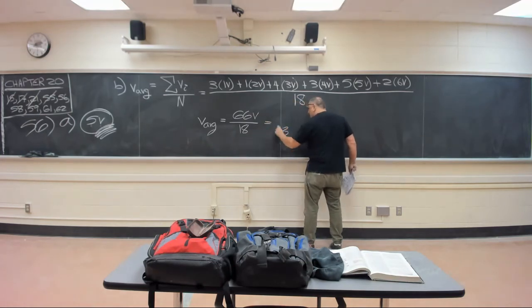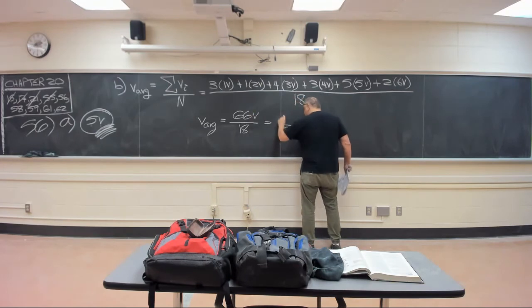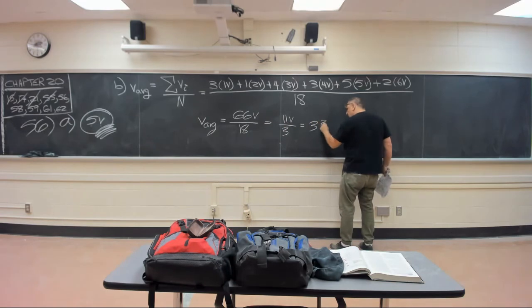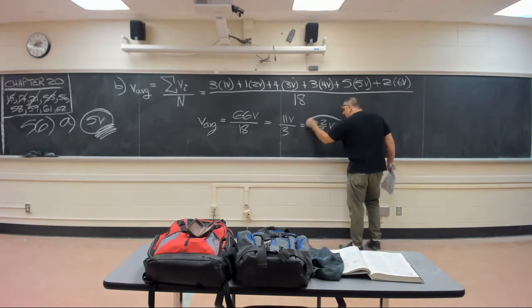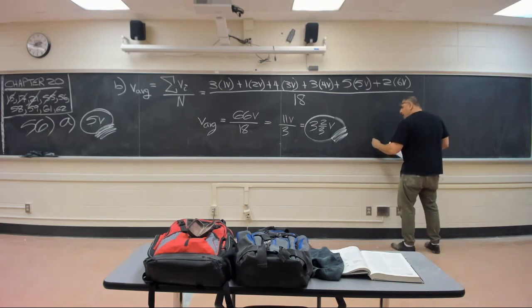Take a 6 out of here and put it into here. You got 11v over 3. On average, that's how fast it's going. That's equal to the average.